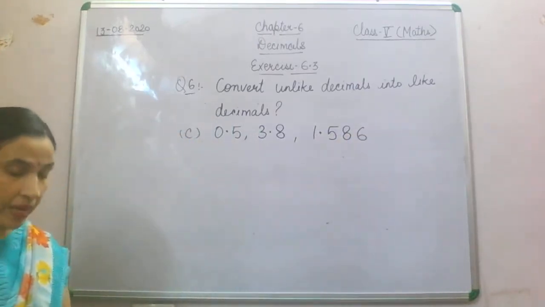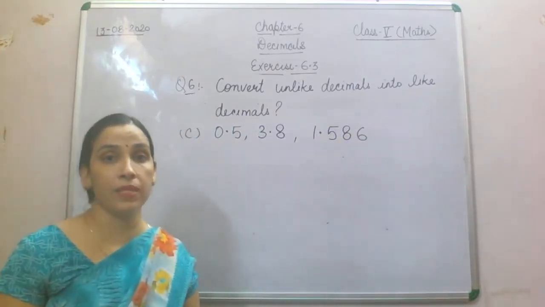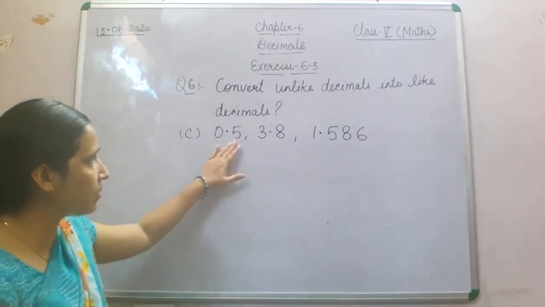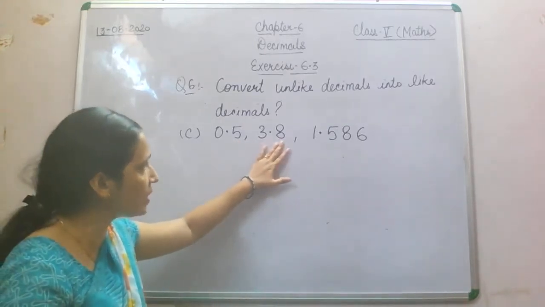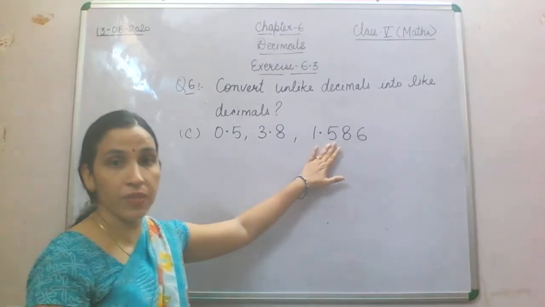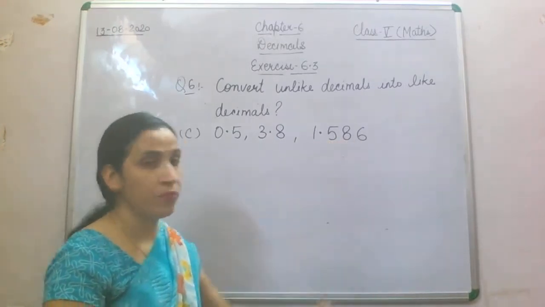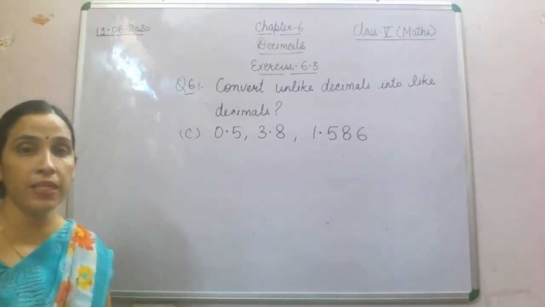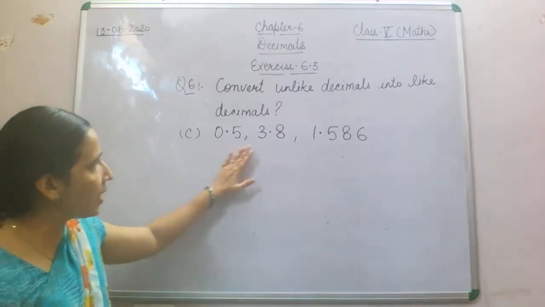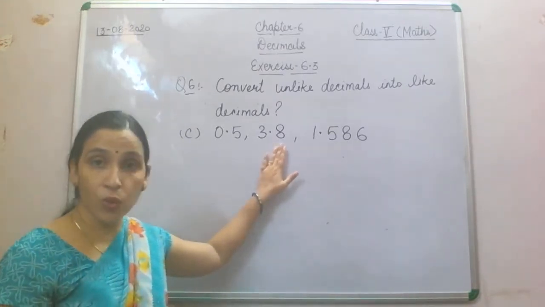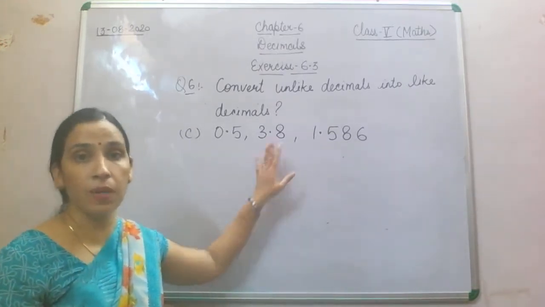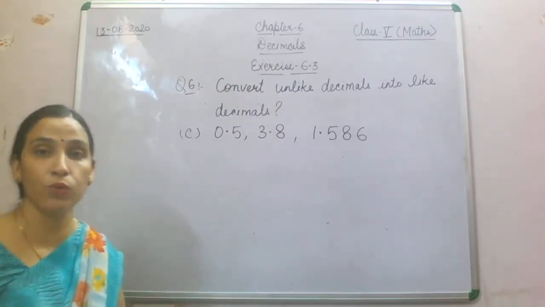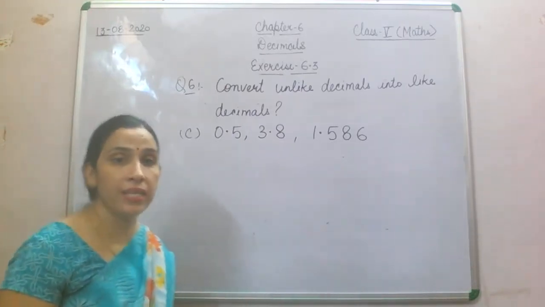Now what is the maximum number of decimal places? Here you can see 1 decimal place. Here also we have 1 decimal place. But in this we have 1, 2, 3, 3 decimal places. It means these 1 decimal places have to change into 3 decimal places. So how do we change it into 3 decimal places?